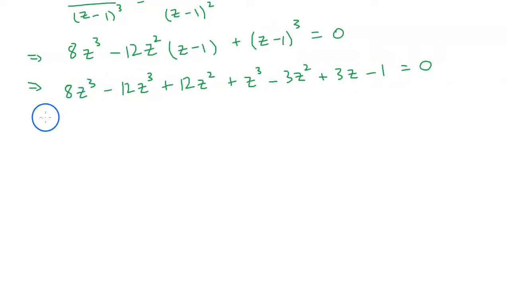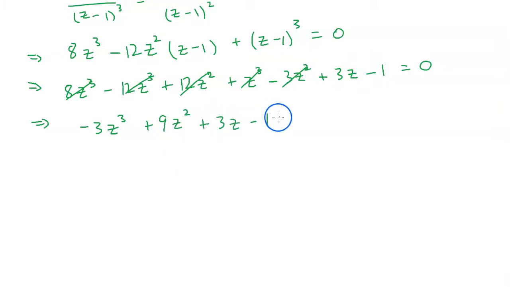And then we just simplify. So 8 plus 1 is 9, minus 12 is negative 3z cubed, and then plus 9z squared, and then plus 3z, and then minus 1 equals 0.